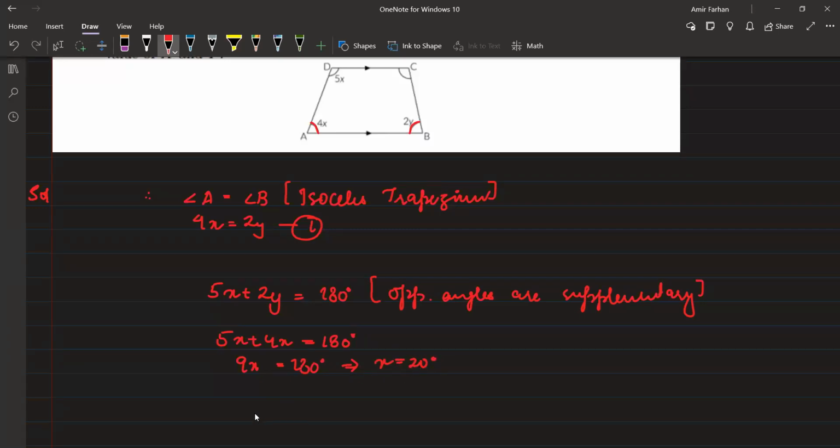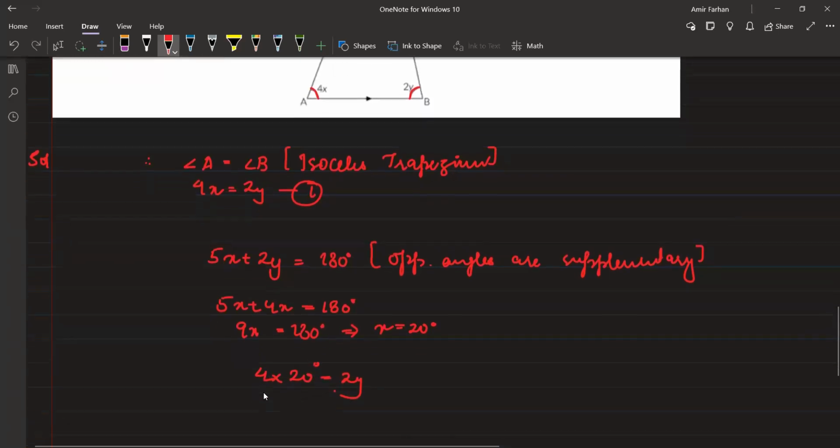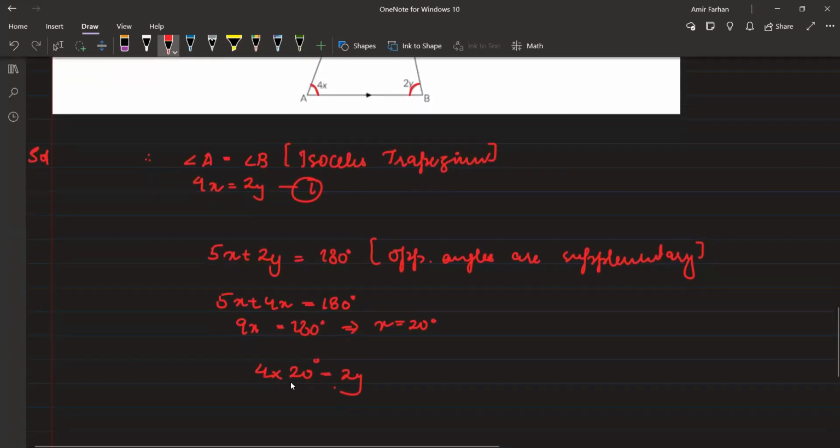If x is equal to 20 degrees, 4 into 20 is equal to 2y. It would be 80 divided by 2, which is 40 degrees. That's what you needed. So why did you take so much time to solve these 3-line calculations? Please explain it to me.